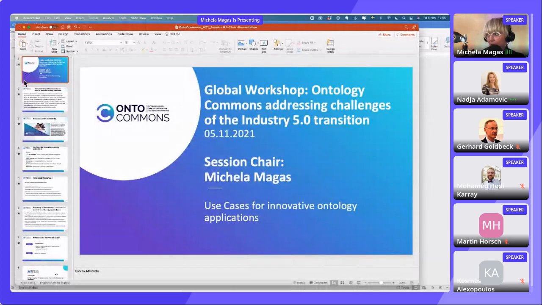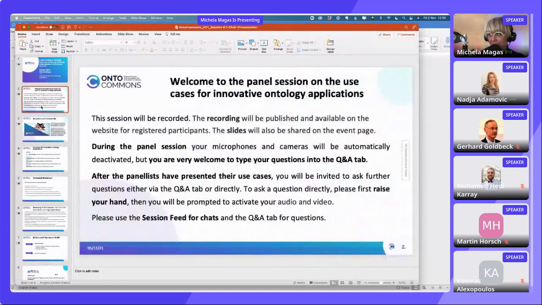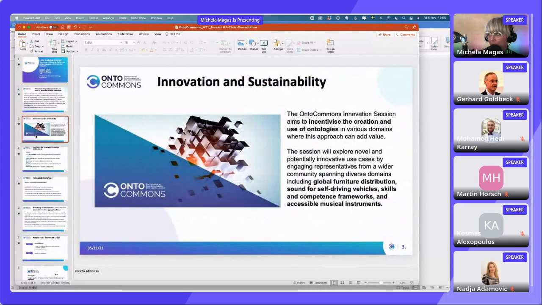Yes. So this was the title of the session, and the objective of this was to incentivize the creation and use of ontologies in various domains where they're currently not used, and where this can add value. The session explored several different domains.